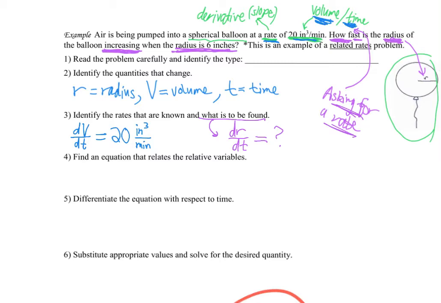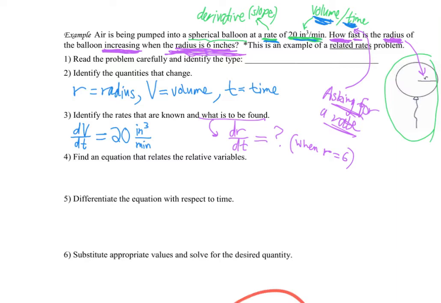We don't know what that is. Something important to note is they're telling us to figure this out when the radius is 6. That's this part over here at the top.